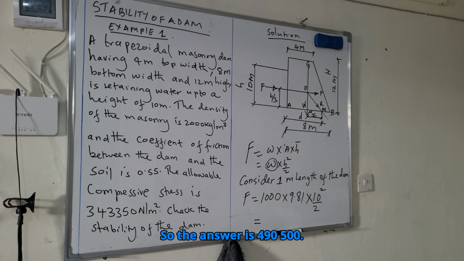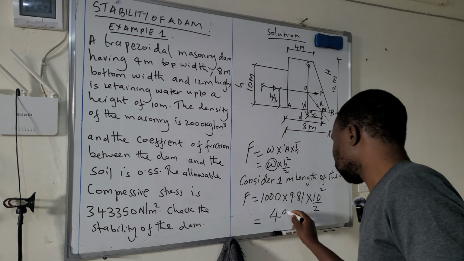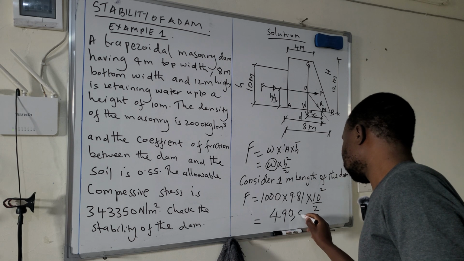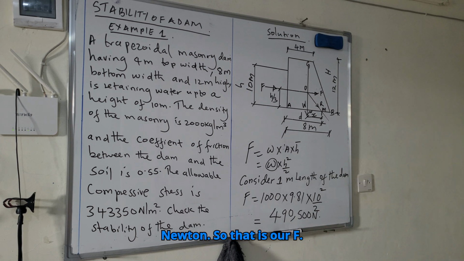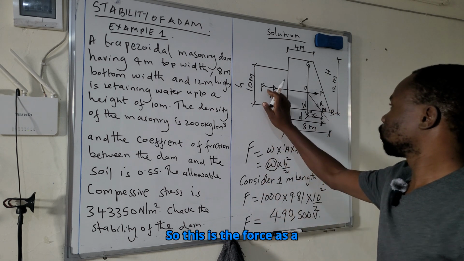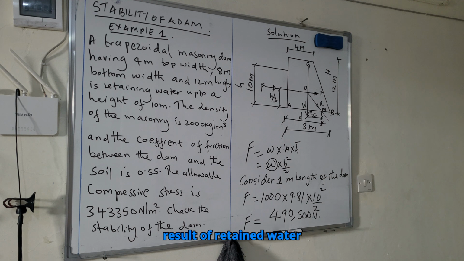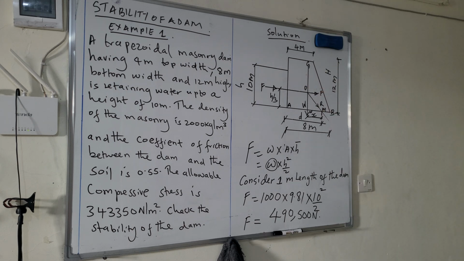The answer is 490,500 Newton. So that is our F. This is the force as a result of retained water exerting on this one side of the dam.